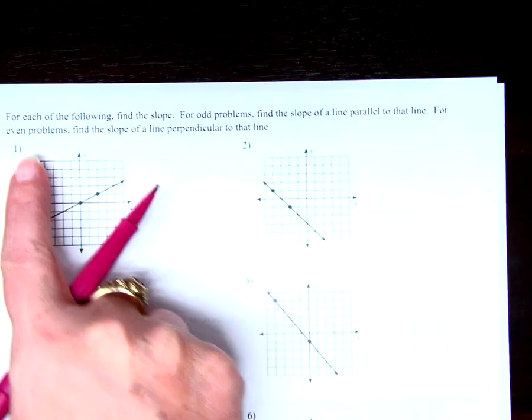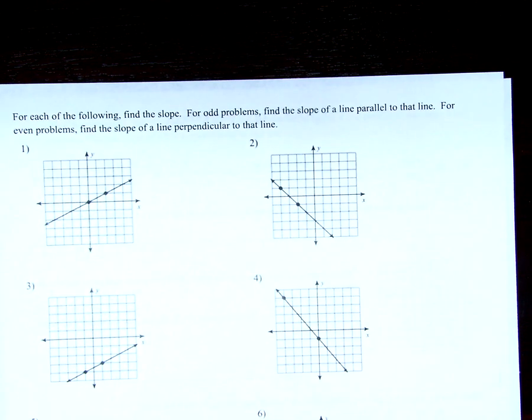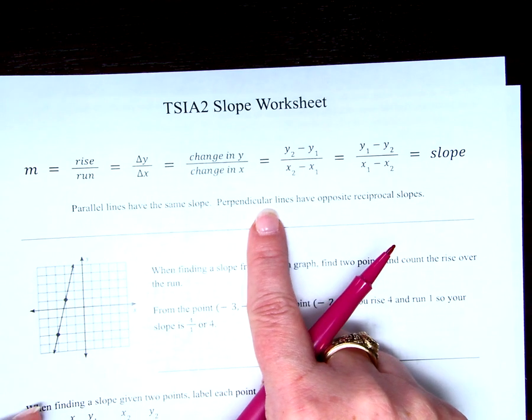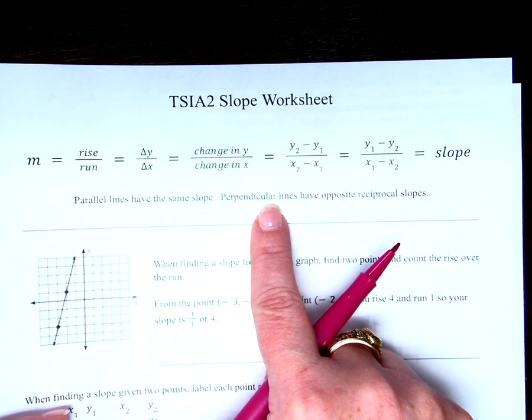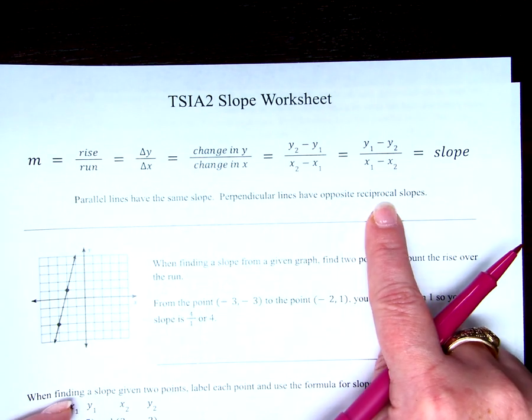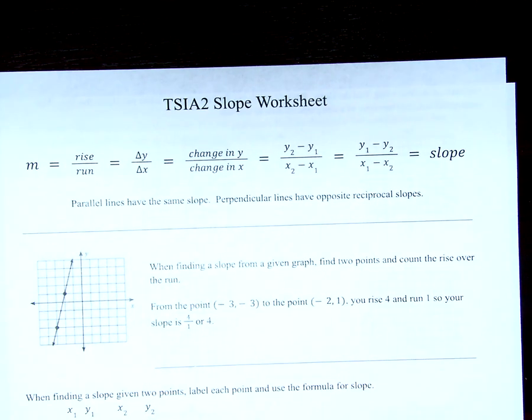But for even problems, find the slope of a line perpendicular to that line. So if I know that my slope is 2, what's the perpendicular line slope? Negative 1/2, right? It's the opposite reciprocal. Flip it over, change the sign. Does everybody understand that? Any questions on this? Any questions on any of the linear stuff that I talked to you about today?